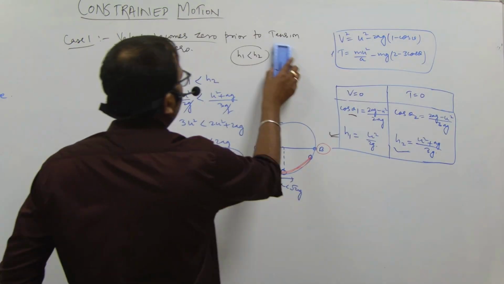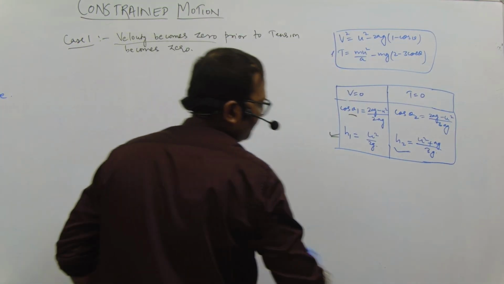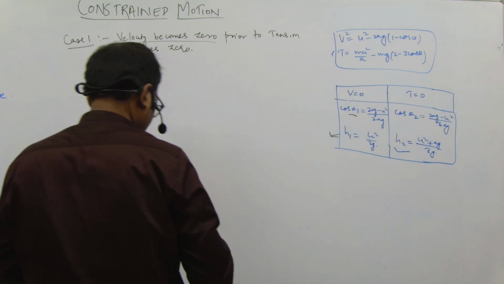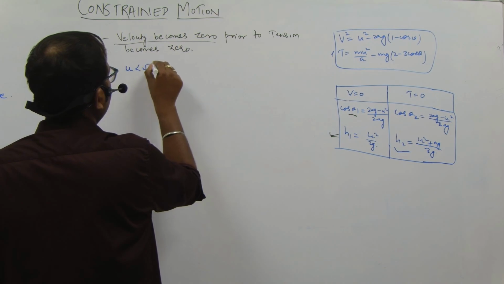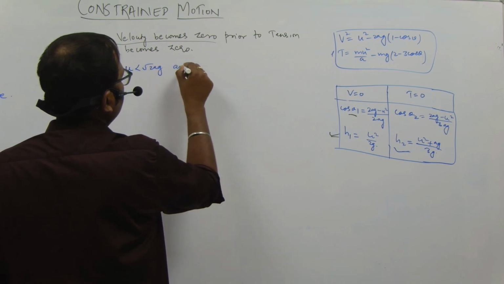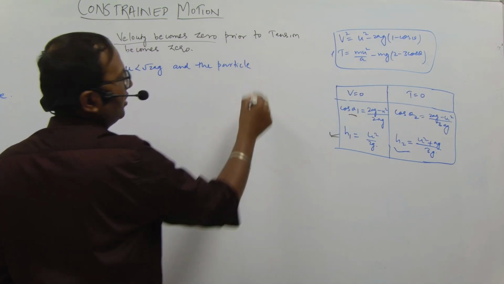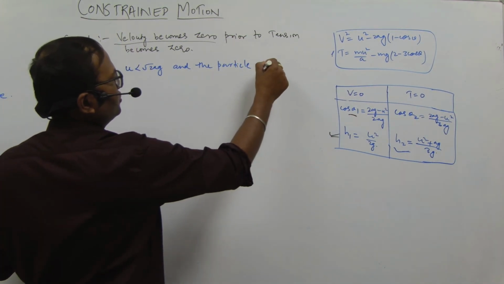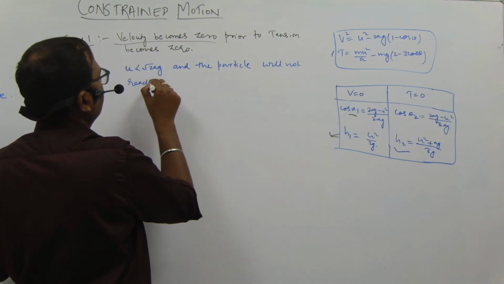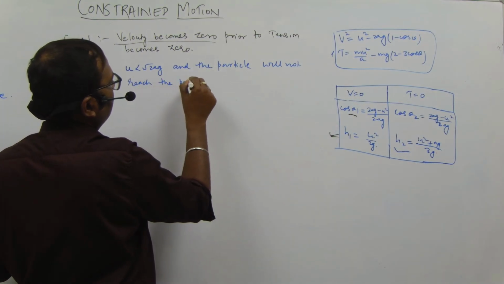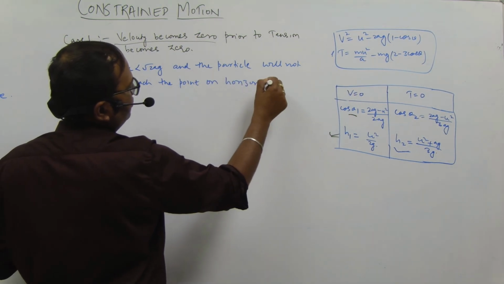So in case of this, in this particular case, u is less than root under 2ag and the particle will not reach the point on the horizontal diameter.